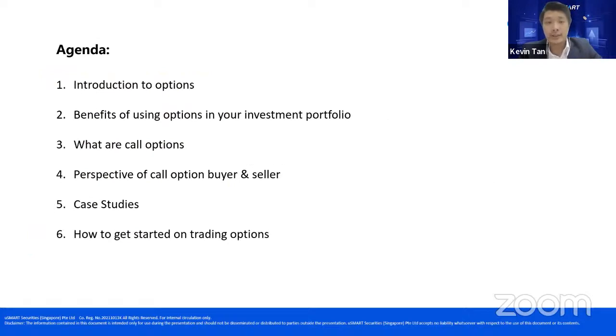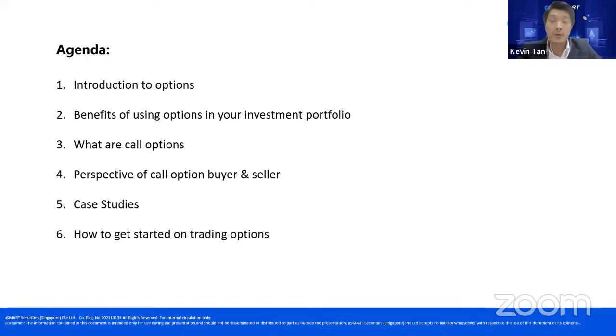And this is generally a very quick rundown of what we're going to talk about today. So today's course will really be an options course for beginners. We will first talk about what exactly are options, and then thereafter we will talk about what are the benefits of having options in your portfolio, and why every serious investor should actually consider using options as one of their tools to enhance their portfolio returns.